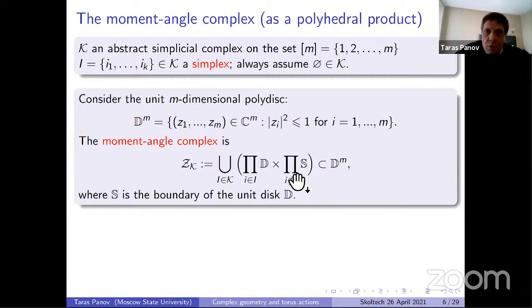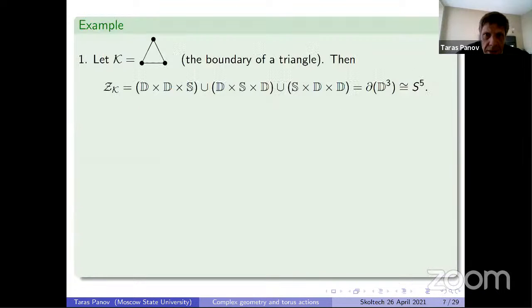It's a subproduct in the m-fold product of the larger space. And it's a union of subproducts, and those subproducts are parametrized by simplices in your simplicial complex. So this is an example of this polyhedral product construction for the pair (D, S^1). You can use other pairs and you get some other even more familiar spaces.